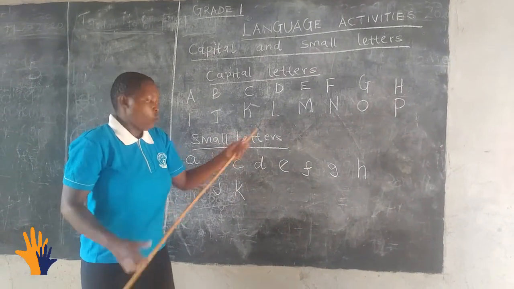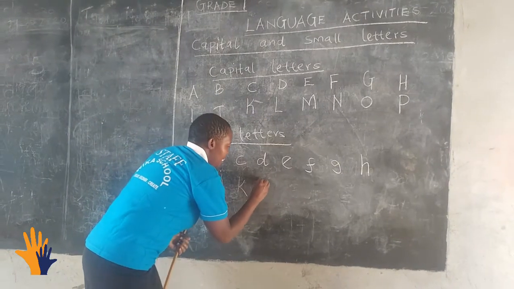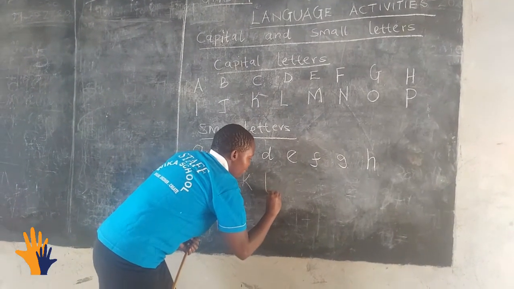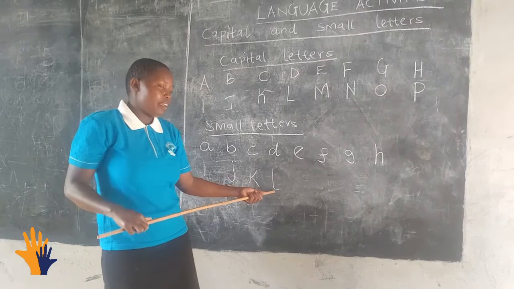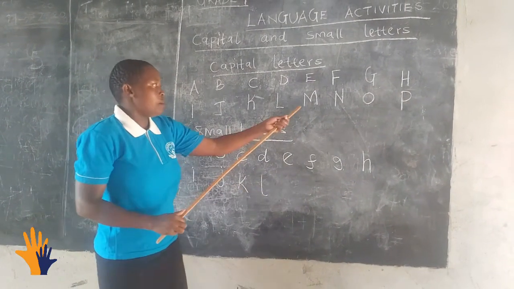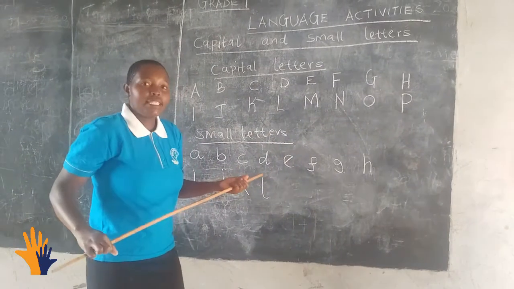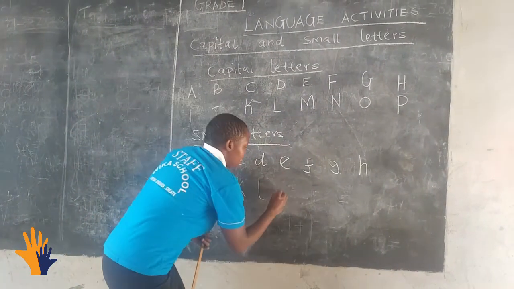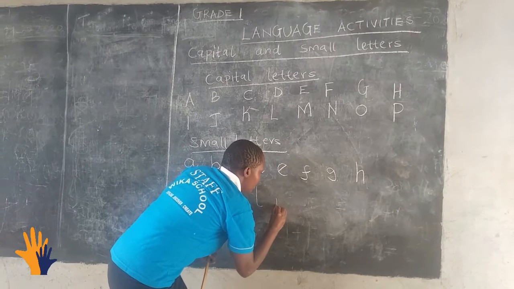Capital letter L, we want to write it as a small letter, like this children. Then we can say it is also sound L. Capital letter M, when you want to write it in small letter, we simply write it like this, children, like this.